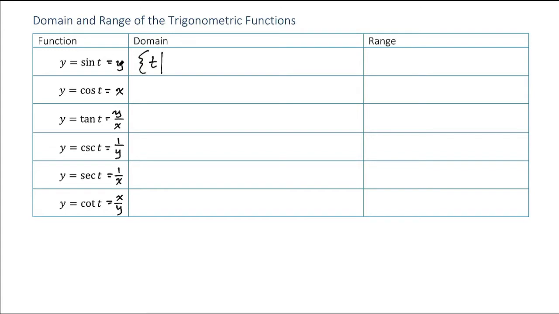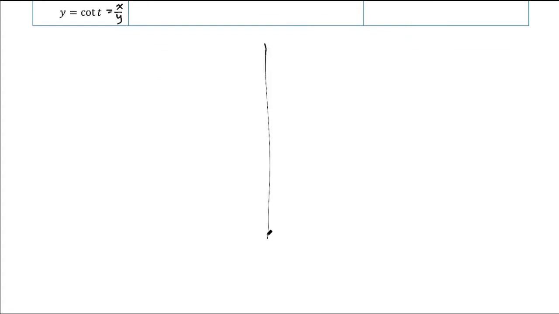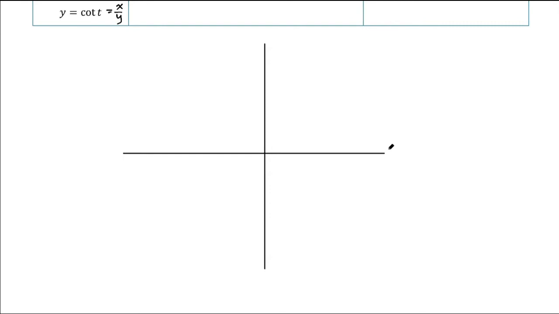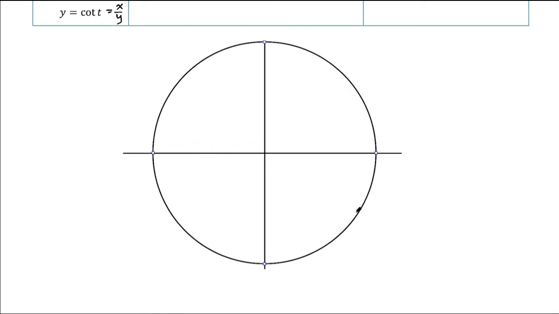Well, for the y-coordinates, there's no problem finding a y-coordinate on the unit circle. If I draw it, I'll do a quick sketch, and I'm not going to fill out the whole thing, but I'm just going to draw a circle so we can see it. So for the whole set of points here, it doesn't matter what angle we have, we can always find a y-coordinate, right?